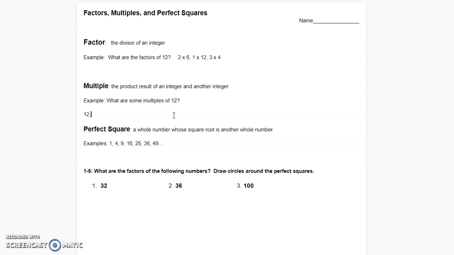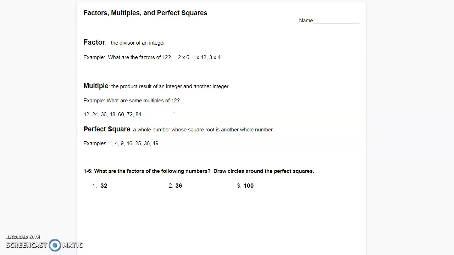Well, 12 times 1, 12 times 2, 12 times 3, on and on. So those are multiples of 12: 12, 24, 36, 48, 60, 72, 84. A factor is asking for what smaller numbers make up 12. A multiple is asking for the bigger numbers that are products of 12.